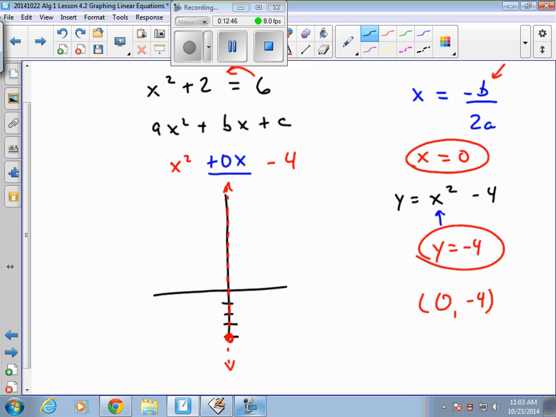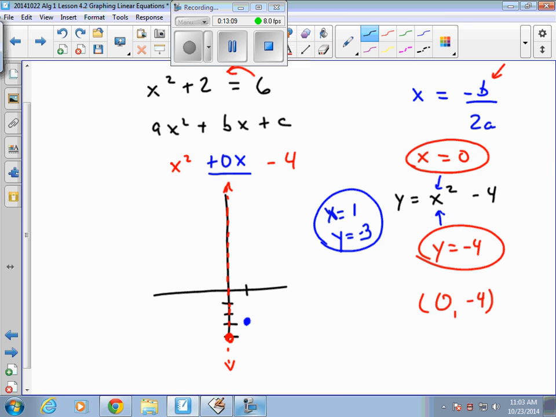Let's slide to positive 1. So when you plug in positive 1, when x equals 1, you're just doing 1 squared, which is 1, and 1 minus 4 is going to be negative 3. So when x is 1, y is negative 3.